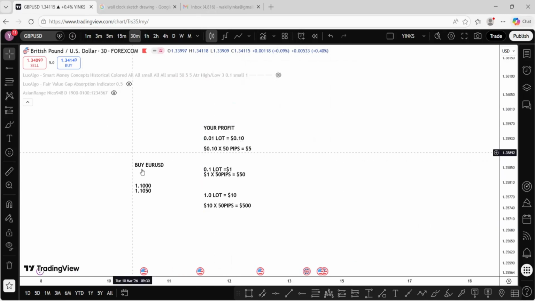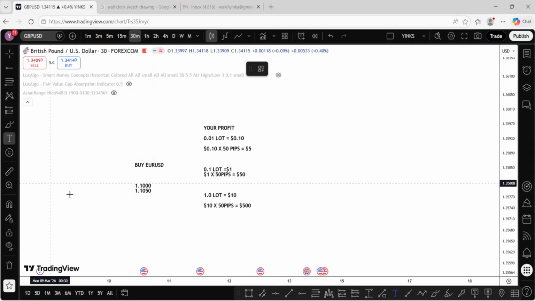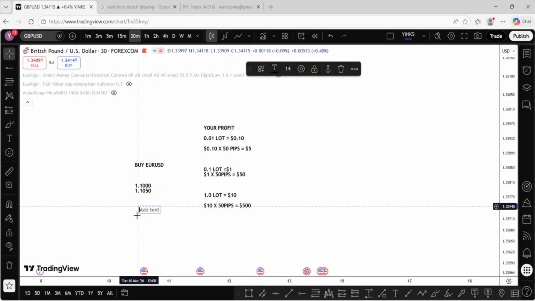So let's assume that on this same trade you're entering, you put a risk level of 20 pips. What does this mean? That if price is going against you and hits 20 pips, you're out in that loss.